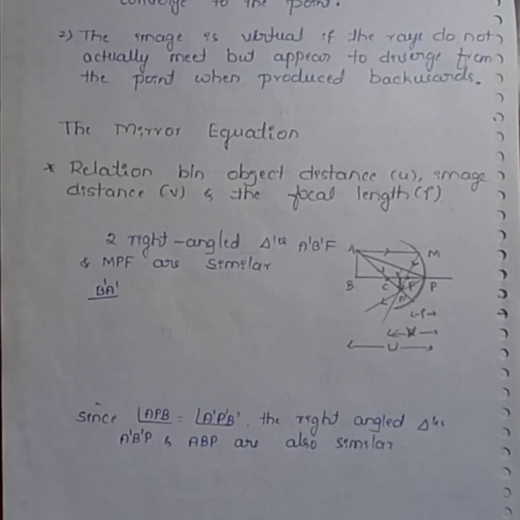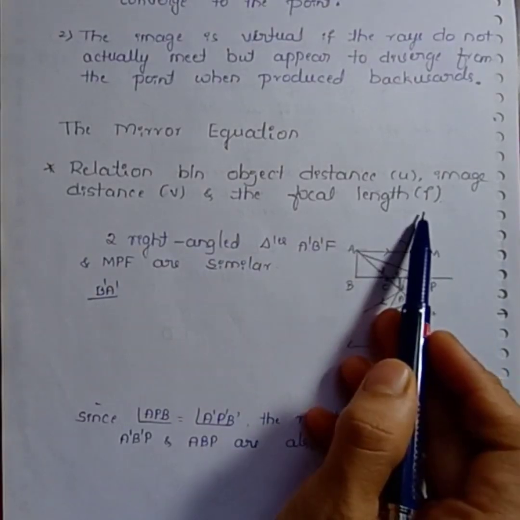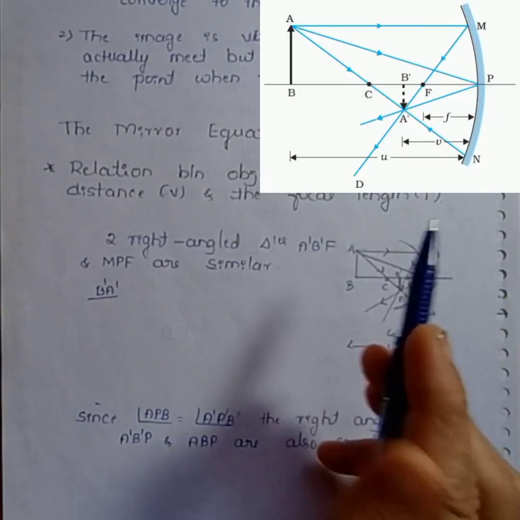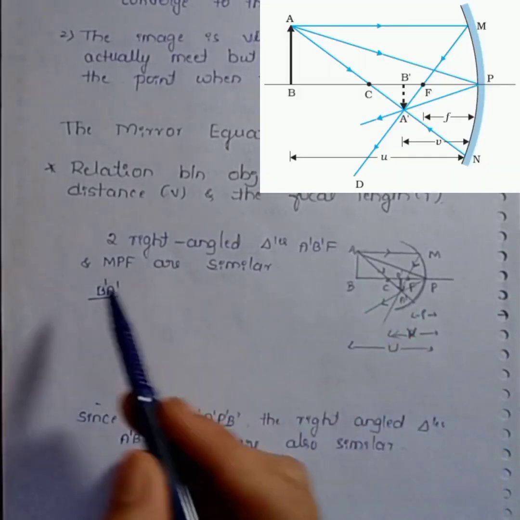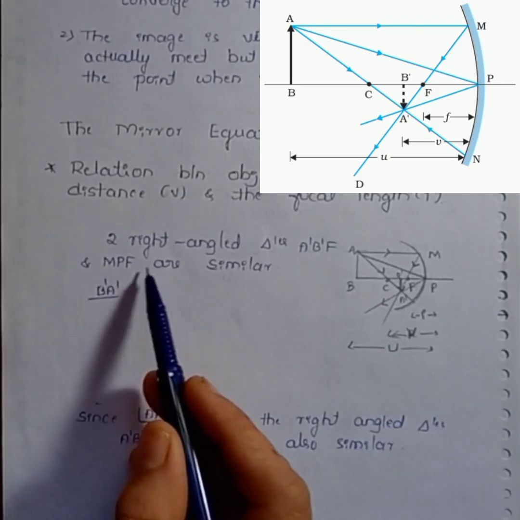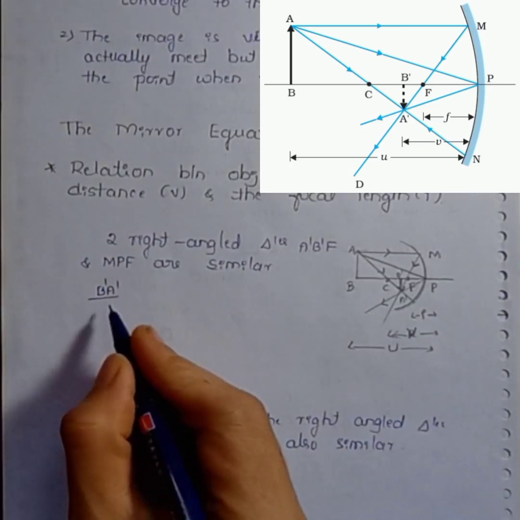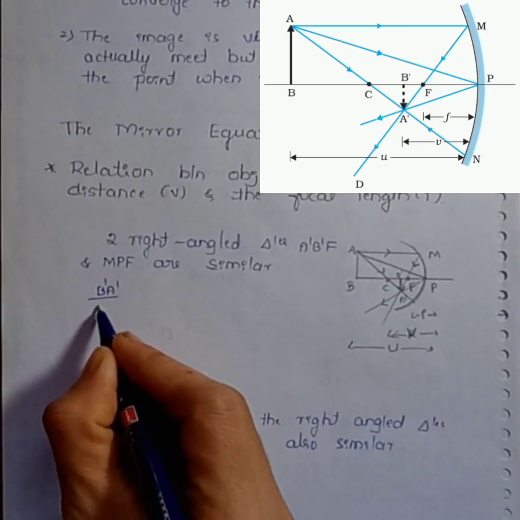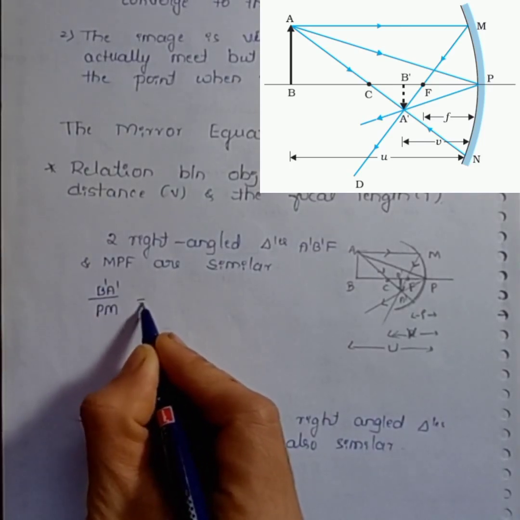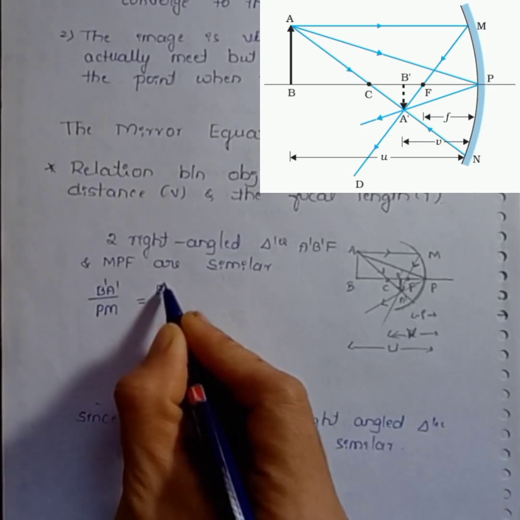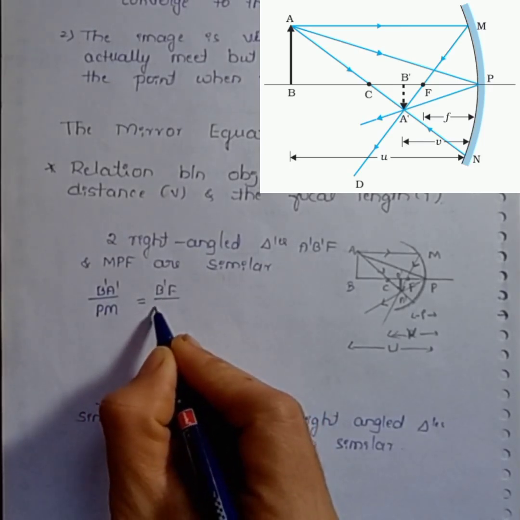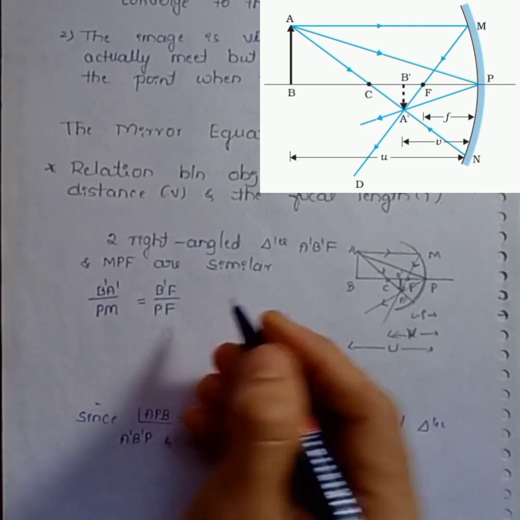Next one is the mirror equation. That one is the relation between object distance u, image distance v and the focal length f. Let us consider two right angle triangles A'B'F and MPF. By similar triangle property, we can write A'B' divided by PM is equal to B'F divided by PF.